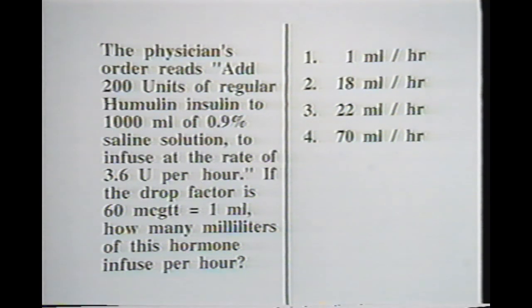Now, the first thing with a question like this is to sort out what data you need and what you know, what you don't. The 0.9% solution is irrelevant. That's a number that's just put in there to make the question accurate.